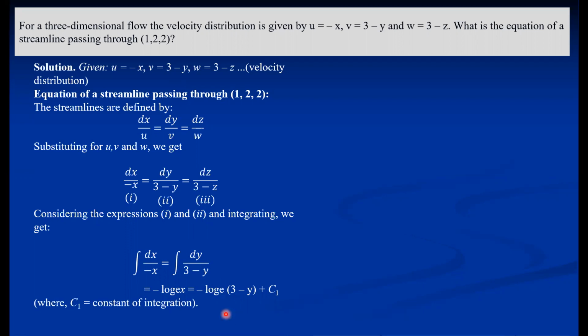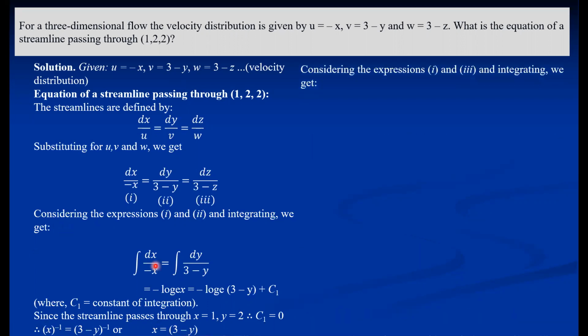Considering c1 as a constant of integration, since the streamline passes through point 1, 2, 2, if we put x equal to 1 and y equal to 2, log 1 cancels, so c1 comes 0. Taking anti-log, x raised to minus 1 equals 3 minus y raised to minus 1, or x is equal to 3 minus y. This is the first expression, the relation between x and y.